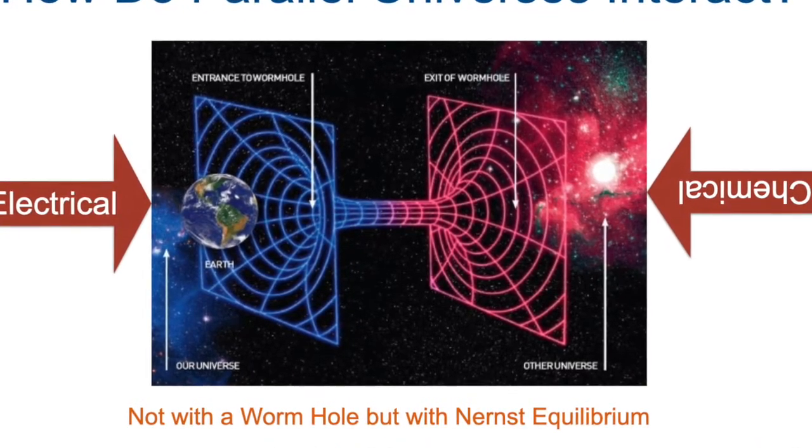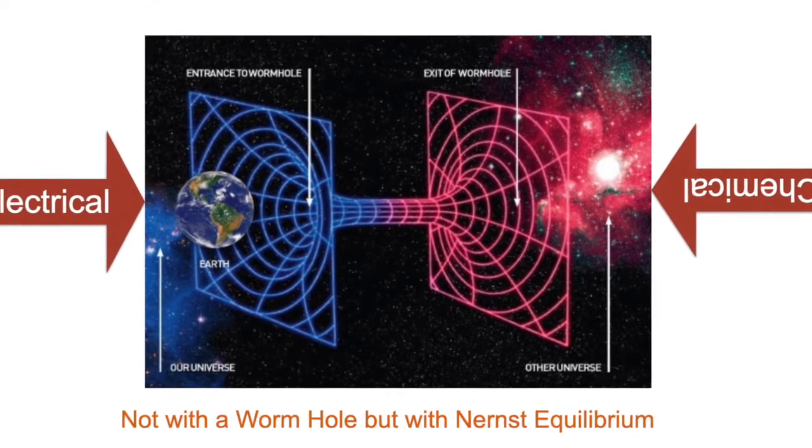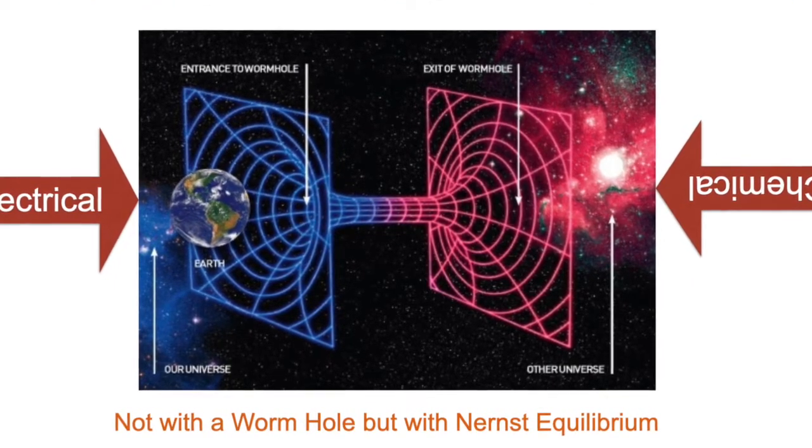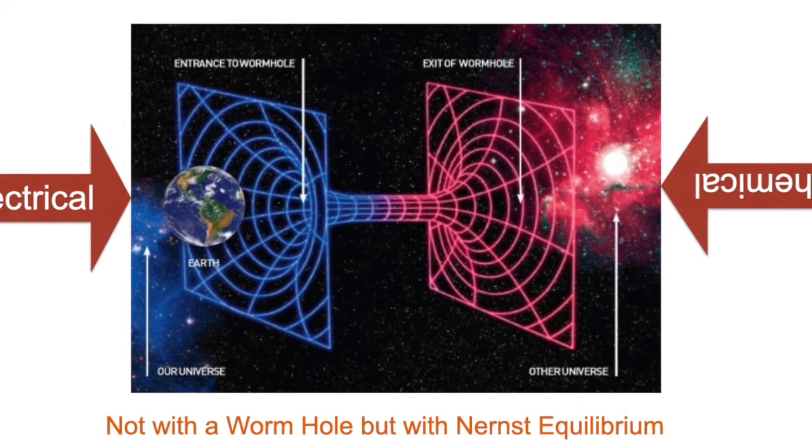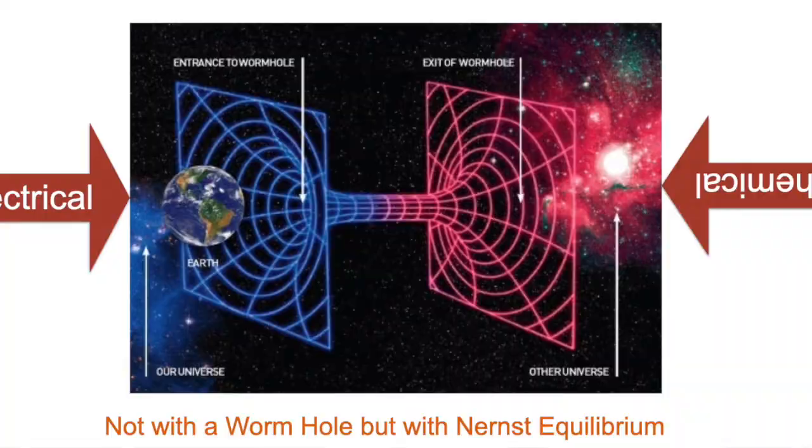How could there be movement back and forth between these two domains in a way that we can quantify and that makes some physical sense and is truly physics and not science fiction or metaphysics? And there's a simple way to get there, actually. And we're going to take a pretty classical path to this.